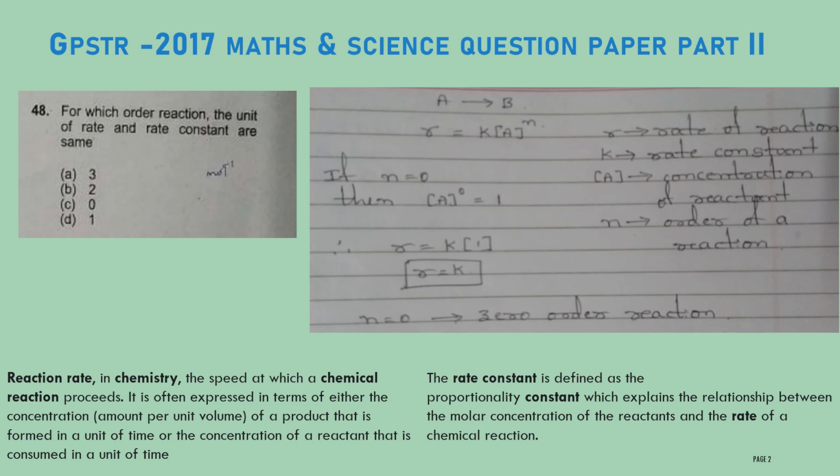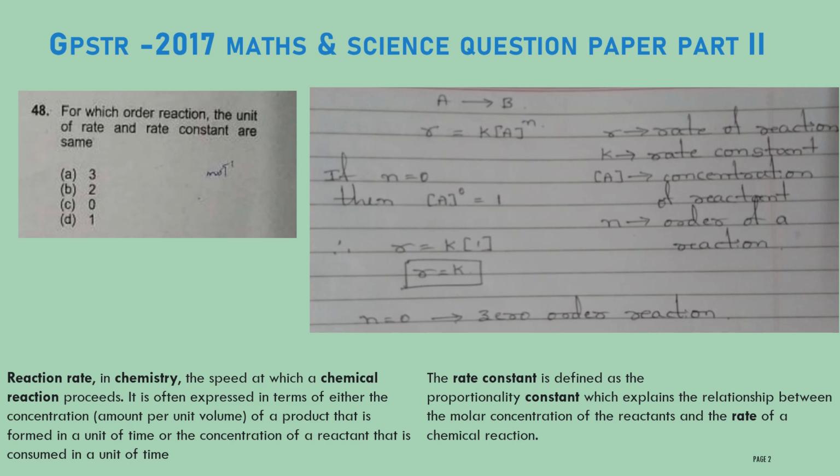Here let us see the question. At which order of a reaction will the rate of a reaction be equal to the rate constant? Let us consider, if n is 0 and you substitute n is 0, then the power of the concentration of the reactant will be 0.